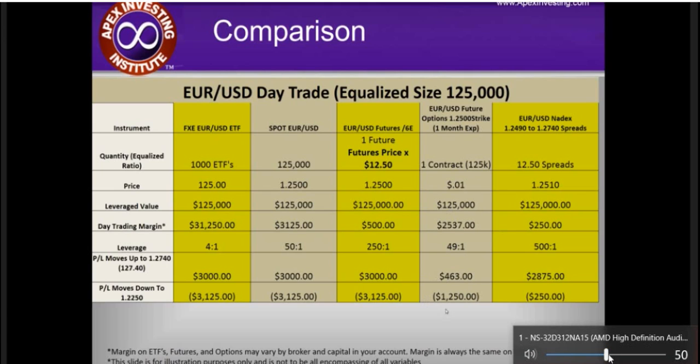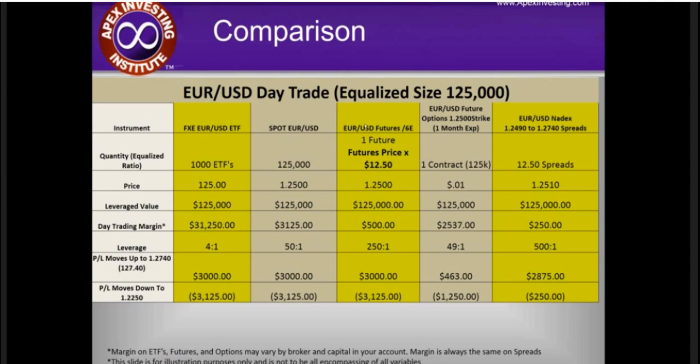And if it moves down, like today, then you'd lose $12.50 just with the delta of a one month expiration option on that. The Eurodollar Nadex spreads, if it moved all the way up there, you'd make pretty close to the same amount of profit, $28.75. We're talking like $25 off here. If it moved way down, you'd only lose $2.50 because remember, you had less risk, more leverage, and defined risk.